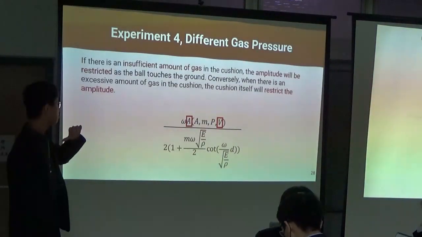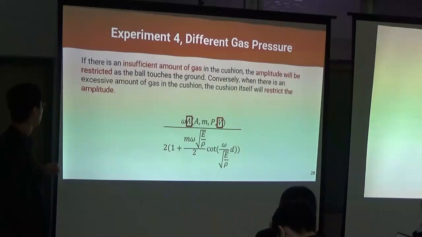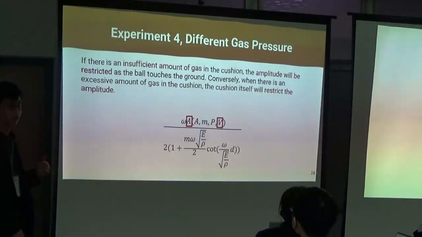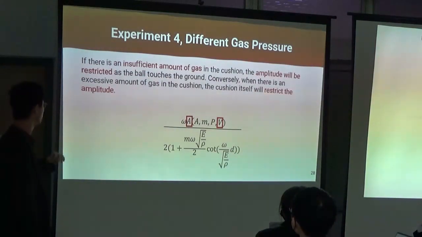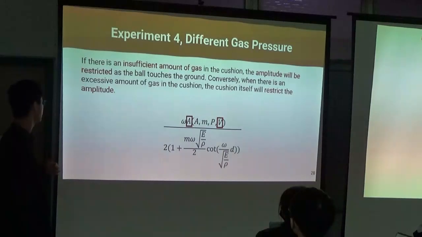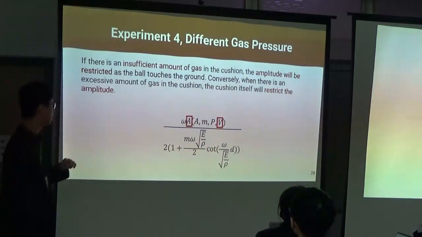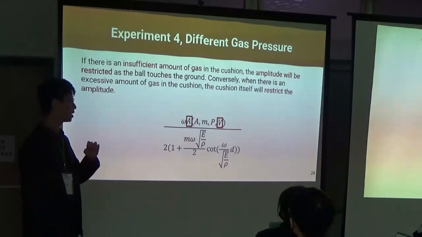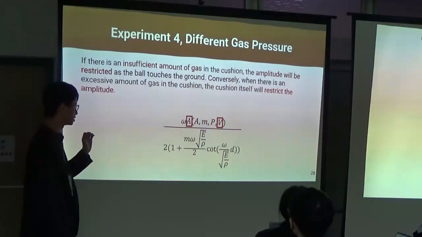For experiment 4, we analyze different gas pressures. If there's a sufficient amount of gas in the cushion, the amplitude will be restricted as the ball touches the ground. Conversely, when there's an excessive amount of gas in the cushion, it will also restrict the amplitude. So pressure is a main factor that will affect our amplitude.